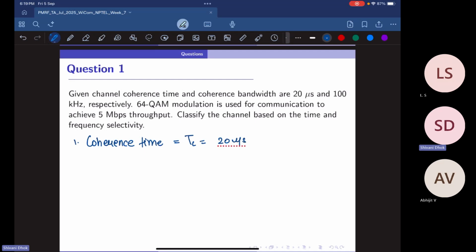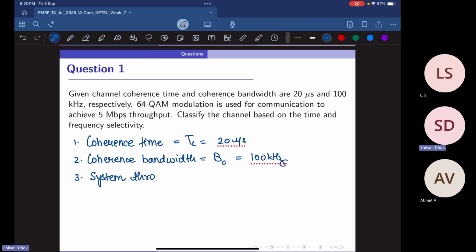And then what is given to us is the coherence bandwidth, which is Bc, equal to 100 kilohertz. Then the system throughput, or basically the data rate, is 5 Mbps.